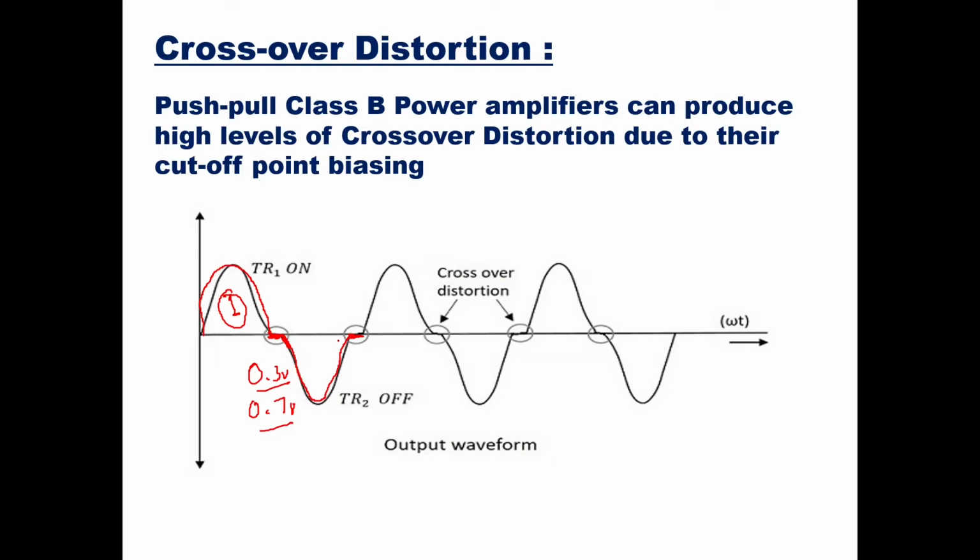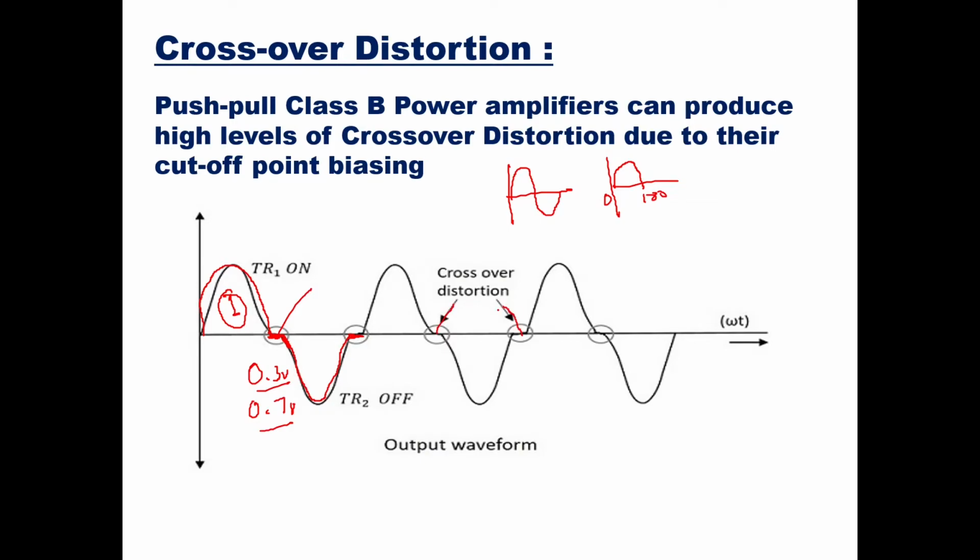This happens because in class B you're operating only if the input cycle is a full cycle like this, then the output will be only from 0 to 180, exactly half, and after that both transistors will not conduct for some time because for the next transistor you have to overcome the knee voltage, and that gap gives you crossover distortion. Here you can see this is crossover distortion.